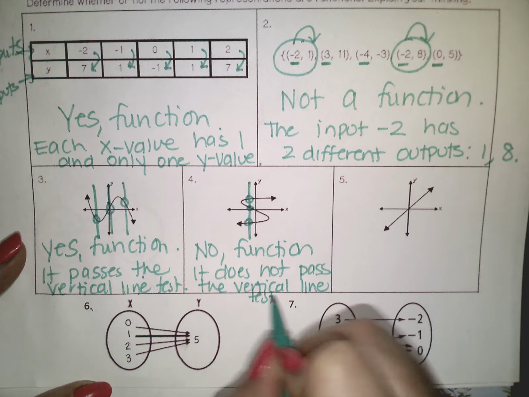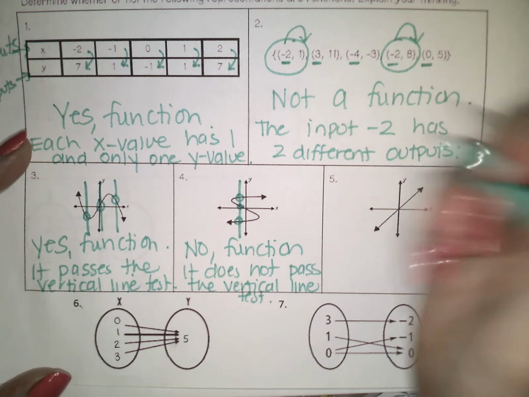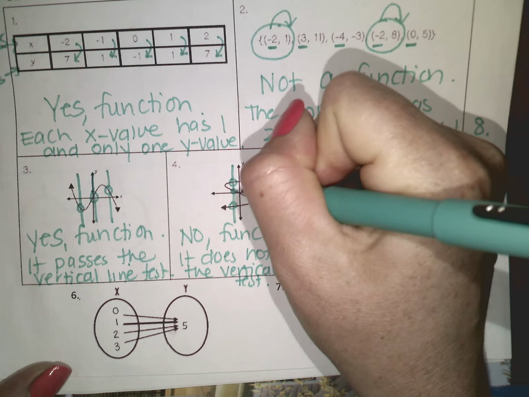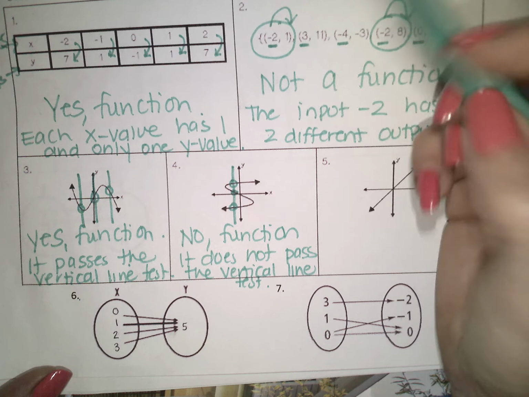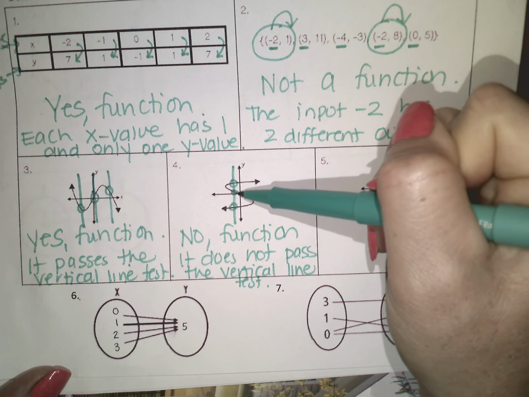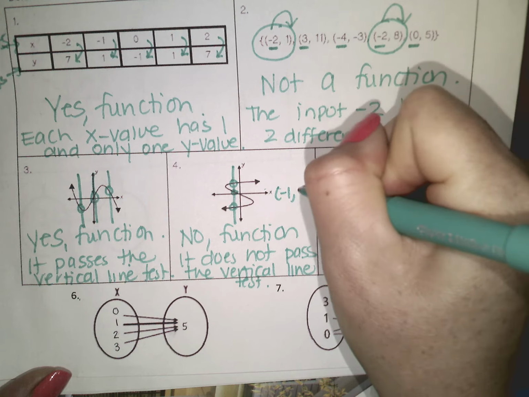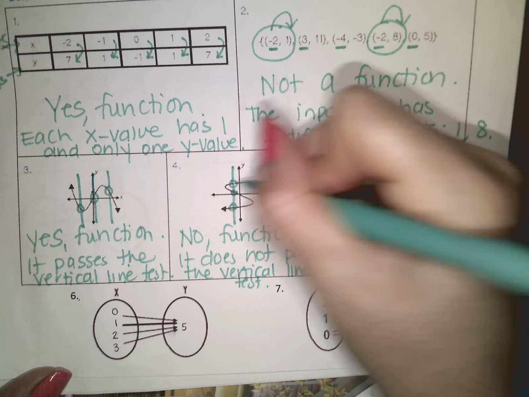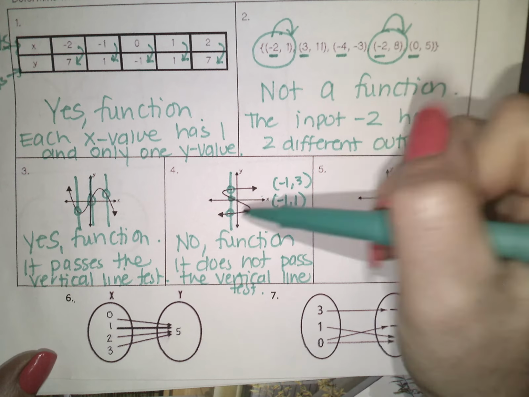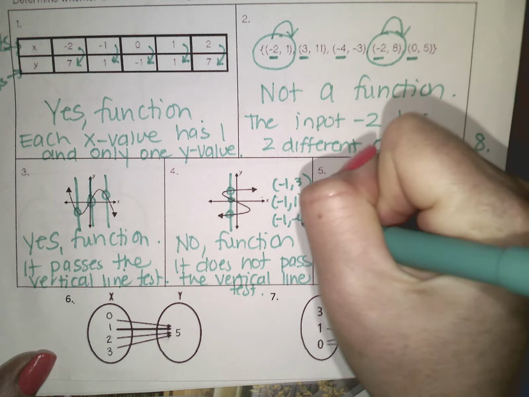Okay, let me link these two together for you for a second. If I come up with ordered pairs that make sense for this line, we'll say this is -1, 1. That's -1, 3. And this bottom point would be, say, -1, -4.